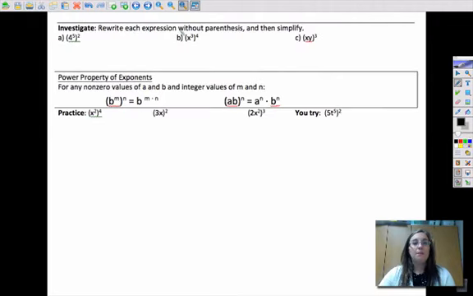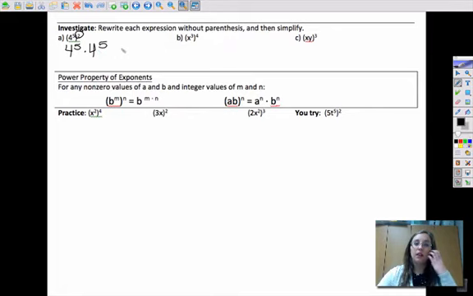Okay? Next, we're looking at taking something to a power twice. It's called the power property. We have one base to a certain exponent, and then another power on the outside of the parentheses. So we're going to rewrite it, thinking about having the first part inside the parentheses to the second power. I can think of it as 4 to the 5th times another 4 to the 5th.